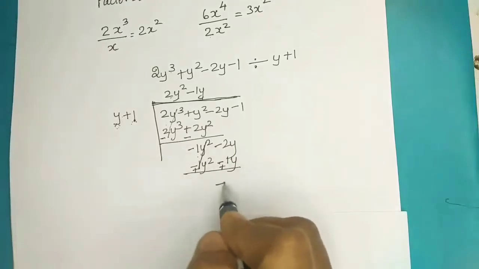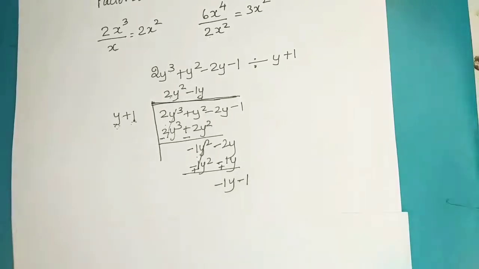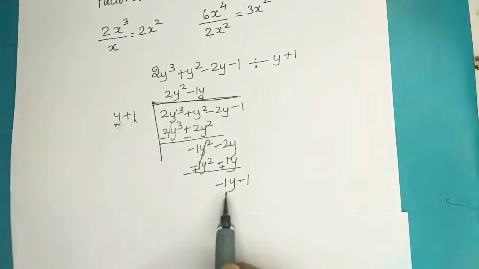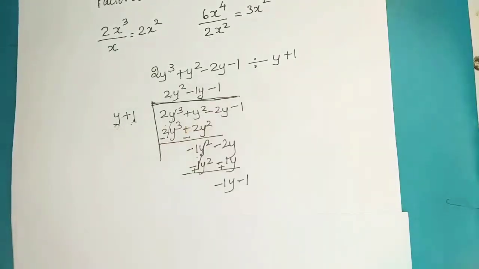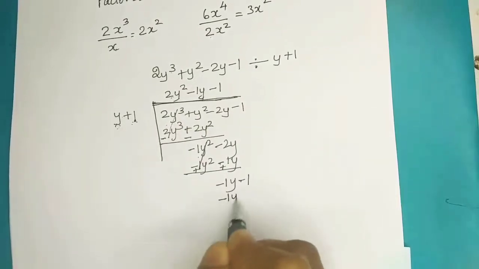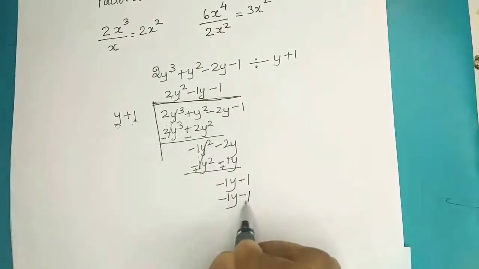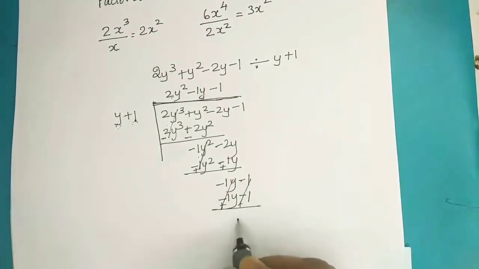What remains here is negative 1y, and this negative 1 also has to be taken down. Now with what number should you multiply y so that you get negative 1y? It is negative 1, isn't it? So y into negative 1 is negative 1y, and what is positive 1 into negative 1? It is negative 1 itself. So the remainder you will get is 0 here after changing the sign.